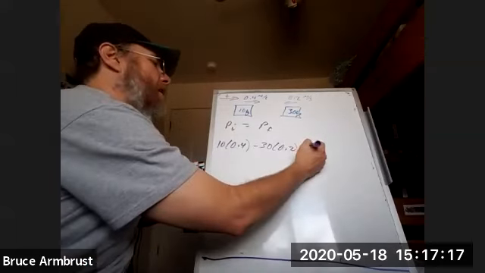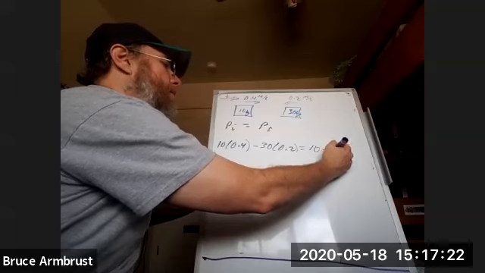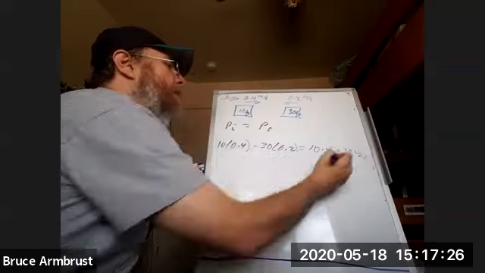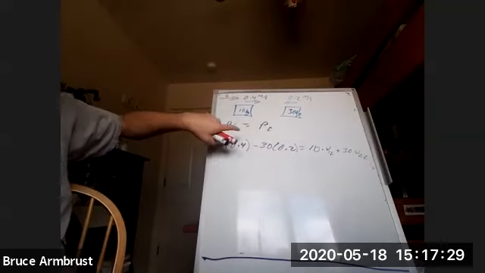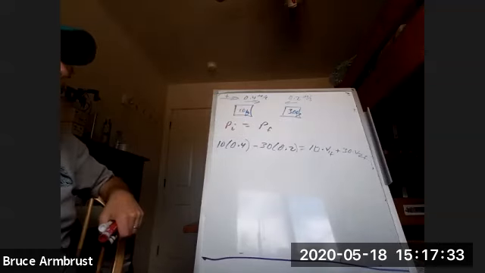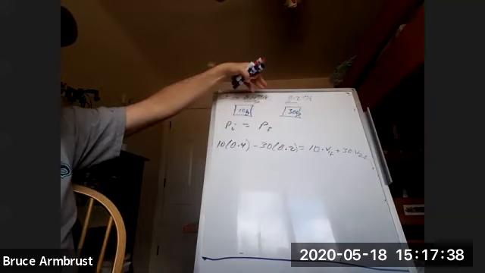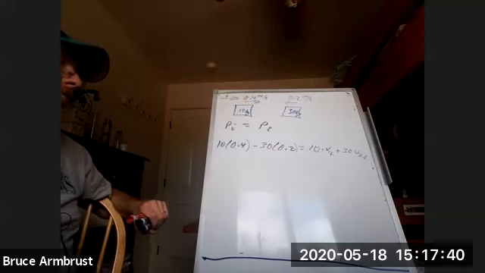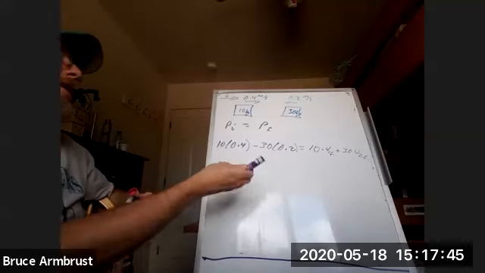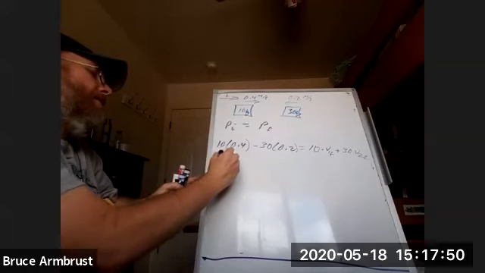And then on the other side, we would get 10 times V1 final plus 30 times V2 final. We just say V1 final is the final speed of block number 1 and V2 final of number 2. And so there's not enough information. Like I said, I was going to tell you that one of them was moving at a different speed. But if it's an elastic collision, then the kinetic energies are equal.